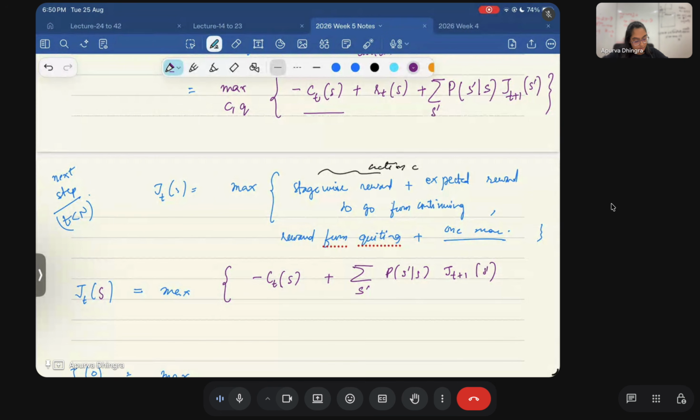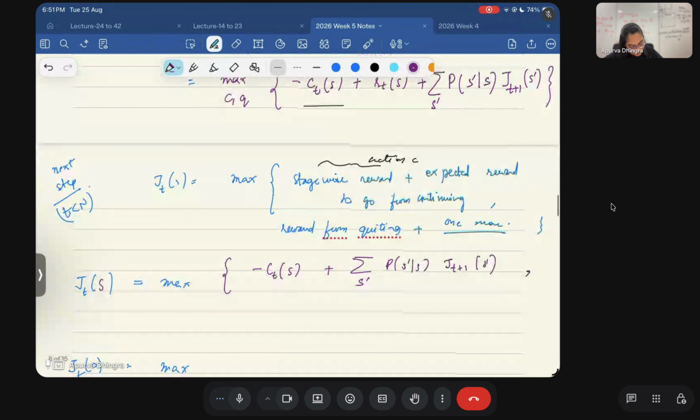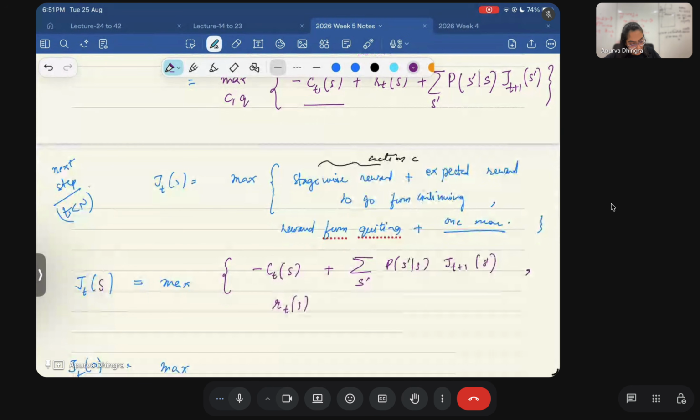Okay, this is one side of it. This is if you decide to continue. If on the other hand you decide to quit, that means you have R t of this, and the only state that you will get to is the delta state. This is just one delta state. For the delta state we've just taken it to be one object, so J t plus 1 of that delta state is all you need.